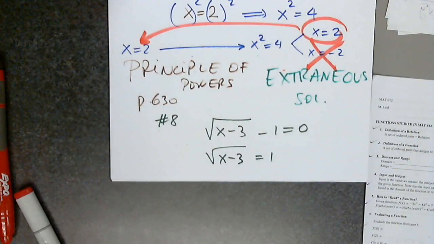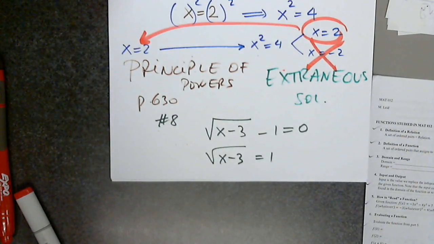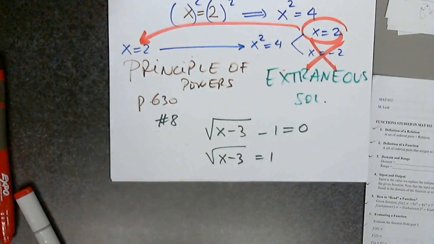And now I'm going to think, how do I get rid of this radical? The square root is what power? What is the fraction that represents the power of the square root? 1/2. So should I raise both sides to the third power? Should I raise both sides to the second power? Should I raise both sides to the 7th power?